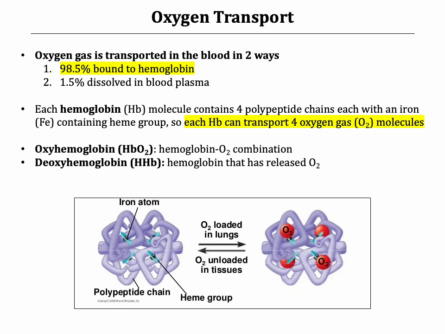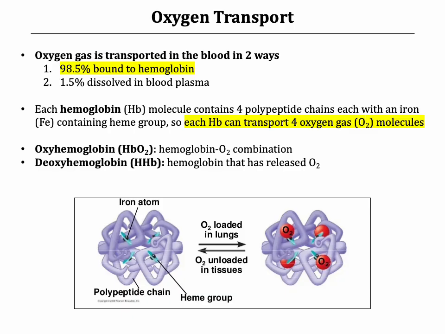For oxygen transport in our blood, there's two ways that it's transported. Mainly, 98.5% is bound to hemoglobin. There's a small amount that can be dissolved in blood plasma, but in comparison, it needs that hemoglobin for transport. Each hemoglobin molecule contains 4 polypeptide chains. There's alpha chains, there's beta chains, and each of those chains contains a heme group.